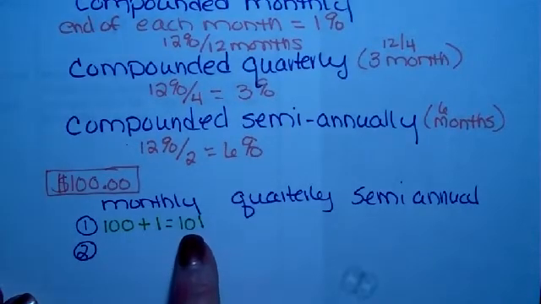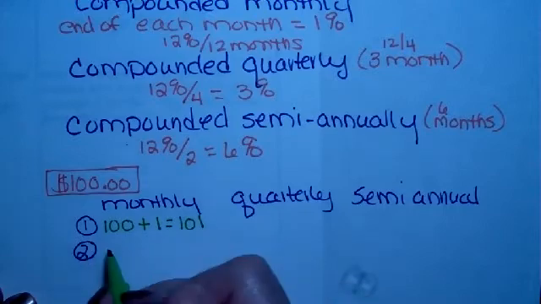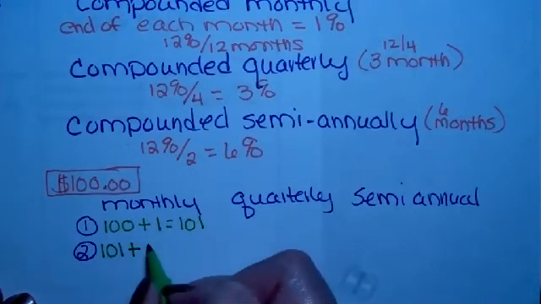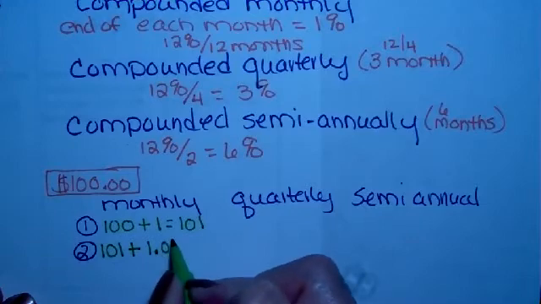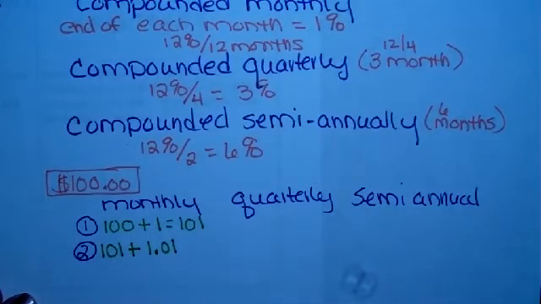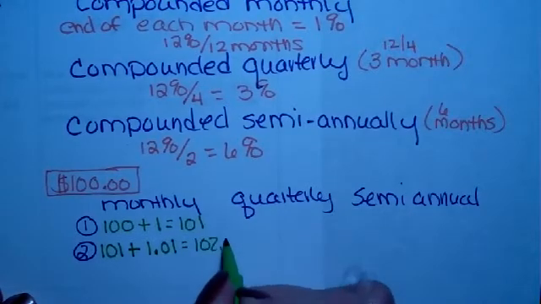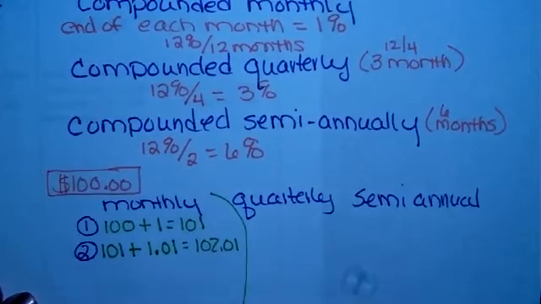At month two, it's going to add 1% of the $101. So you take that $101 you had and add to it $1.01, because that's 1%. So what you've got is a total of $102.01.